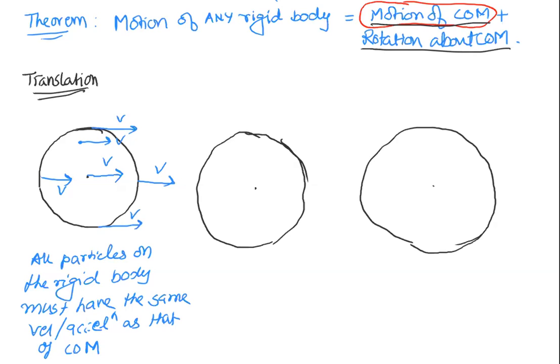So let me write it down. Rotation. Rotation means that every particle, please notice what I'm saying, must have a different velocity.